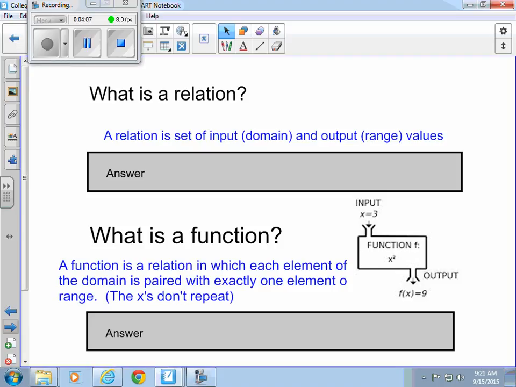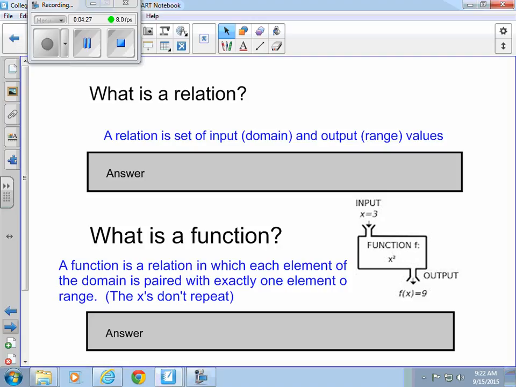Before I define a function, I want you to put yourself back in elementary school. If any of you have one of those Play-Doh boxes where you put Play-Doh in the top and you pushed a button and spaghetti came out the bottom, or a star came out the bottom. That's kind of what a function is.